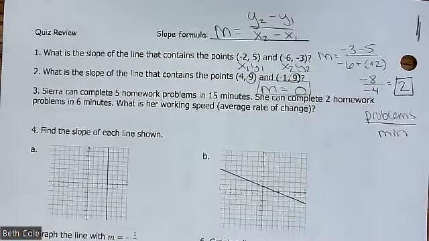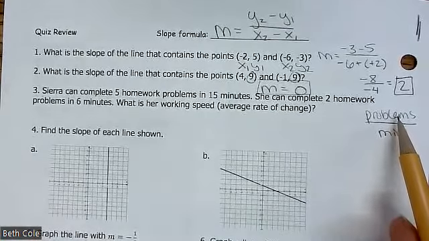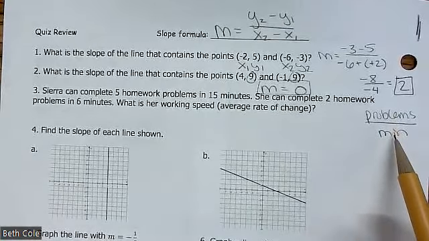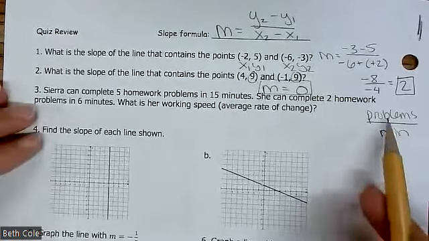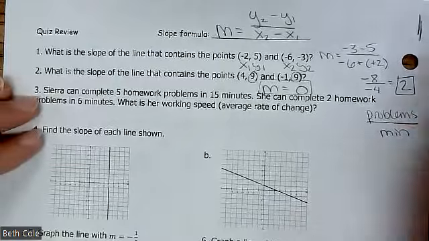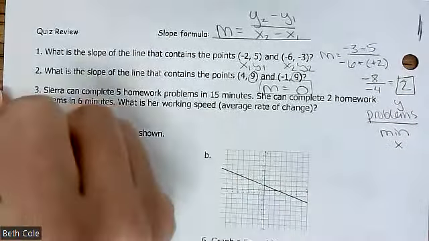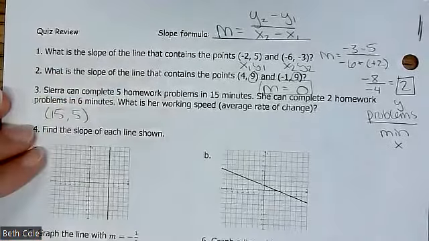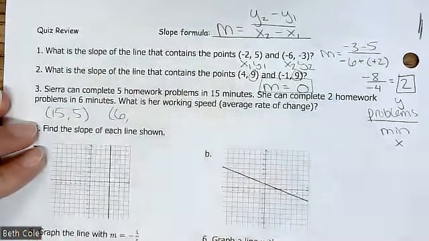What is the answer? Well, it would be, yeah, problems would be y, minutes would be x. So here, we'll work the whole thing out so you guys can see it. Because this is y and this is x, you would have 15 minutes, she can do 5 problems. And then in 6 minutes, what was it?